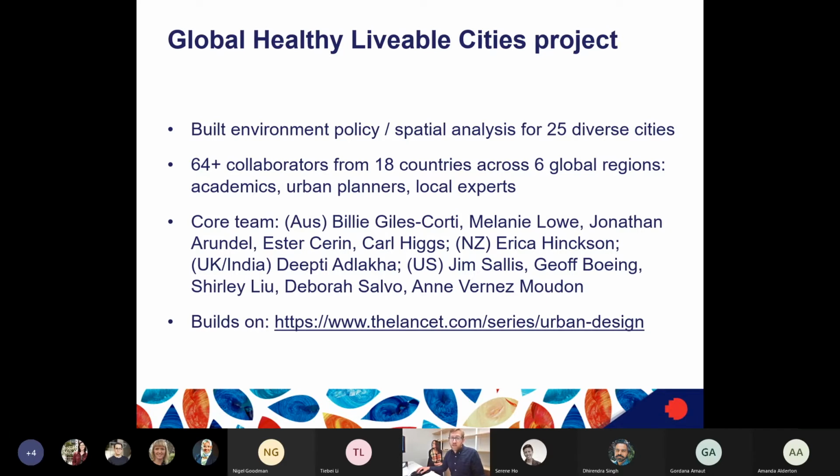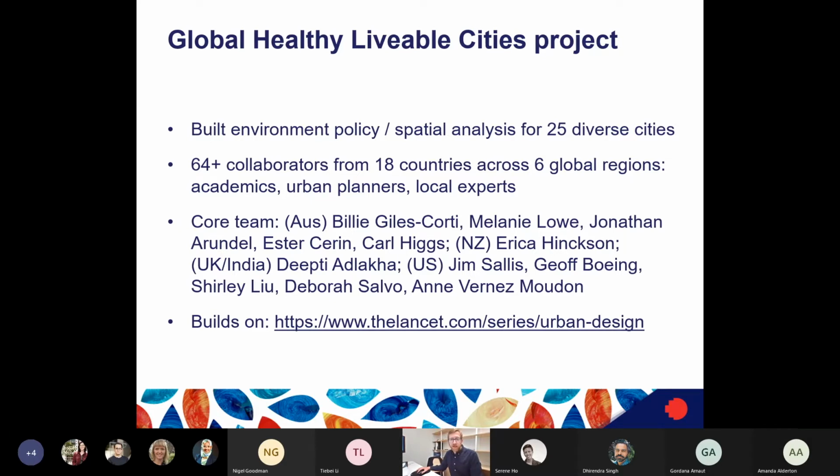So this project was initiated by Billie Giles-Corti in conjunction with Melanie Lowe and Jonathan Arundel and other colleagues from the IPEN network. And it involves a large number of collaborators supporting a core research team, which is based all around the world also.